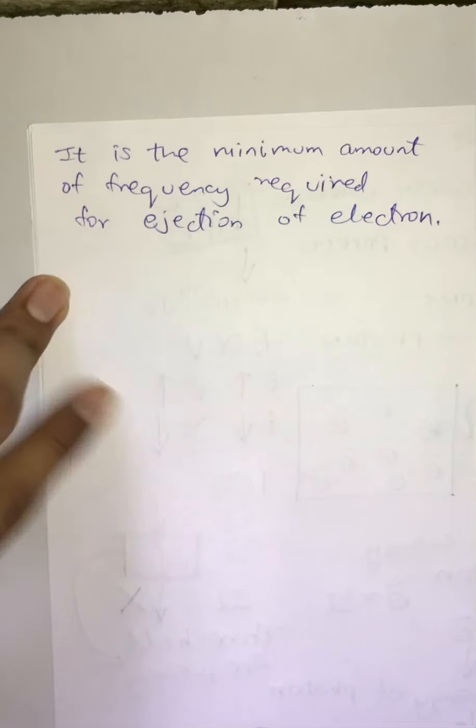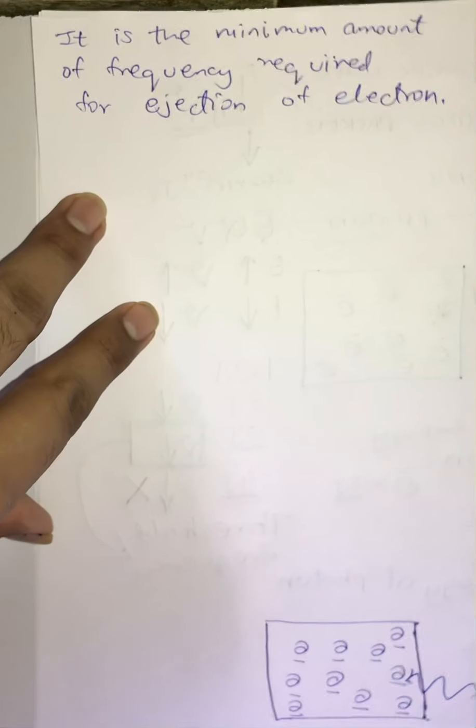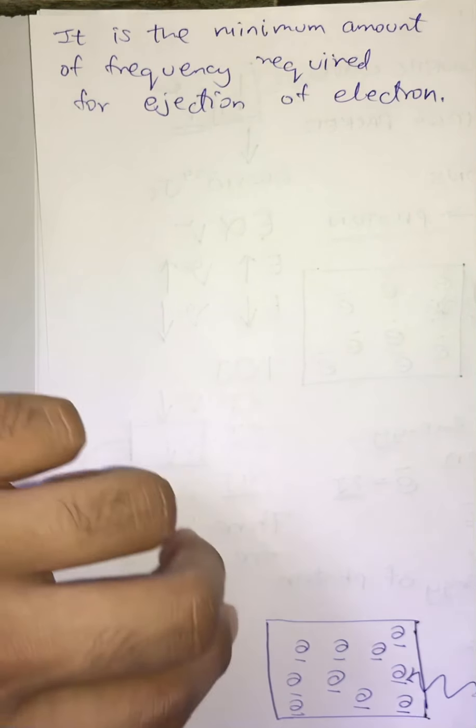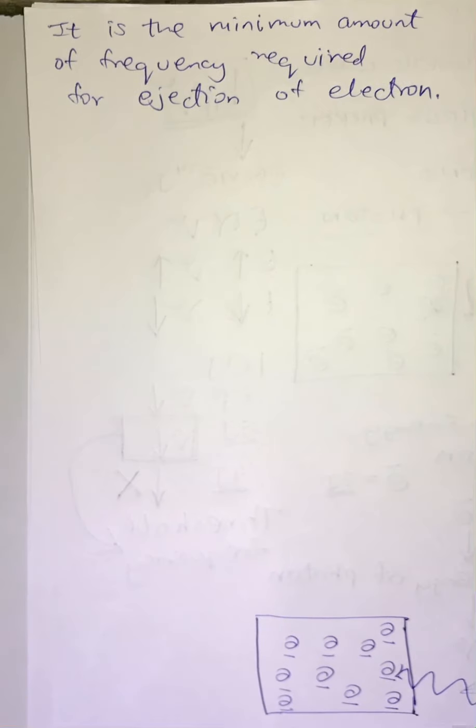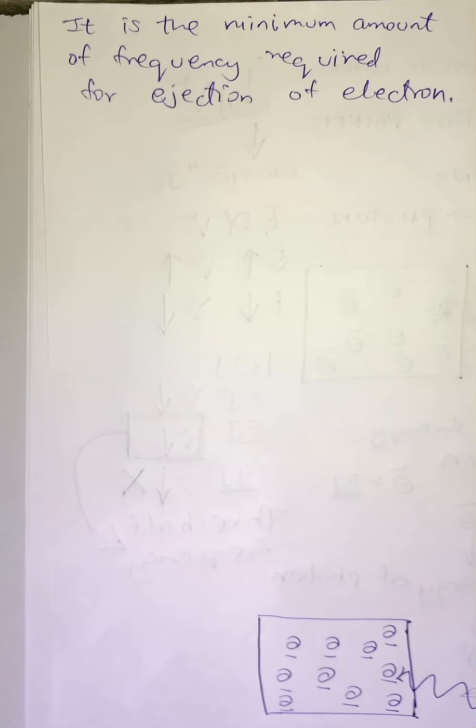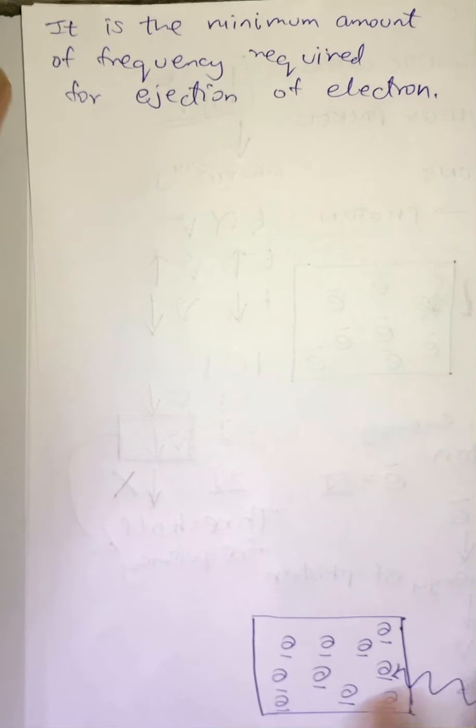Okay, so threshold frequency is that frequency which cannot be further decreased. It is the minimum amount of frequency required for the ejection of electron.